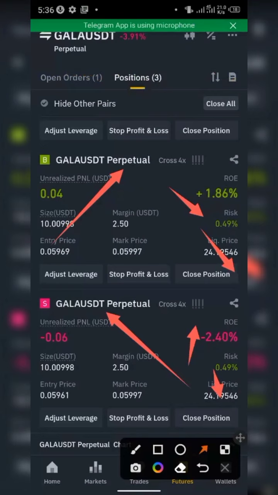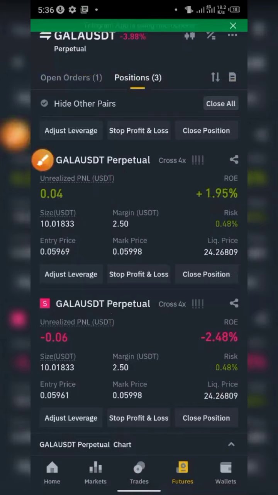We want to see where Gala will retrace. Then we enter the market fully. So if you want to hedge, you don't put much funds there. You are trying to take advantage of one particular direction.